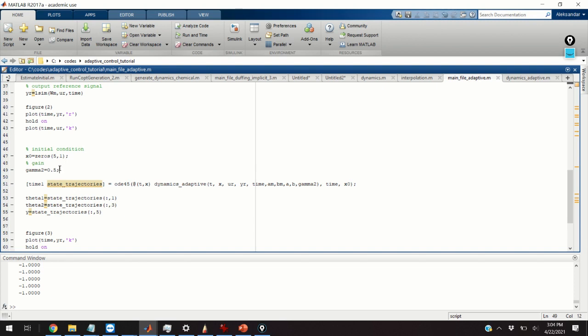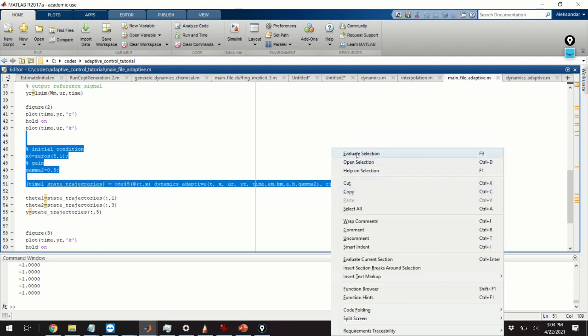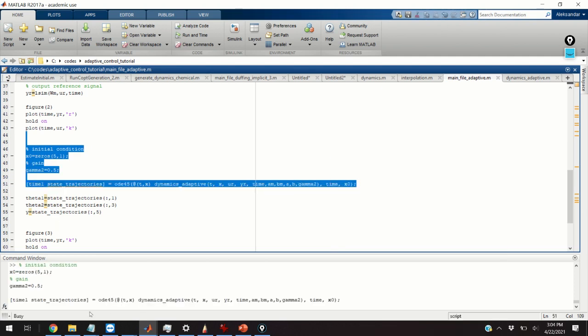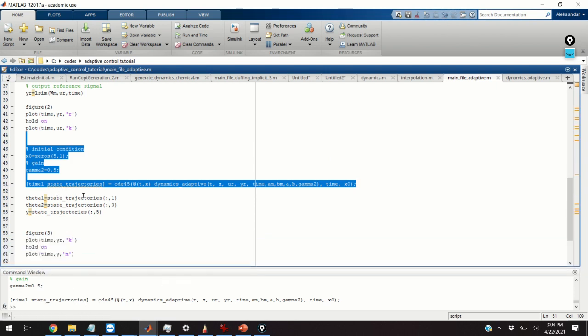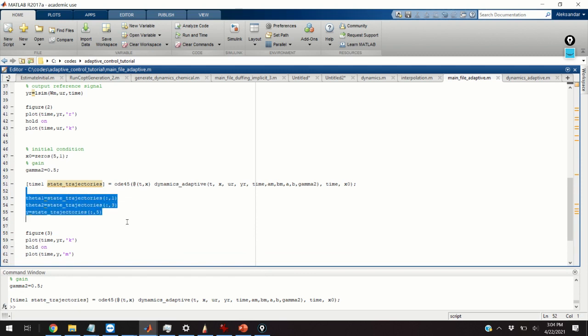You can change it to any value. You might obtain maybe unstable behavior, watch out. So let us do that. We simulate the system dynamics. It's going to take a while. Although I have a new computer, we still need a few seconds to simulate the system behavior.